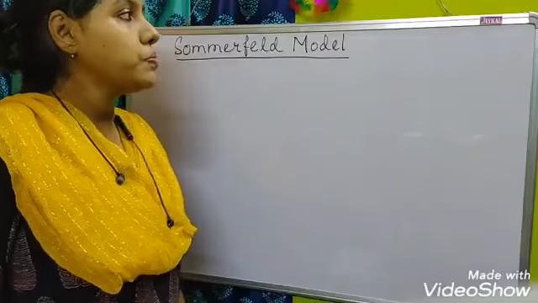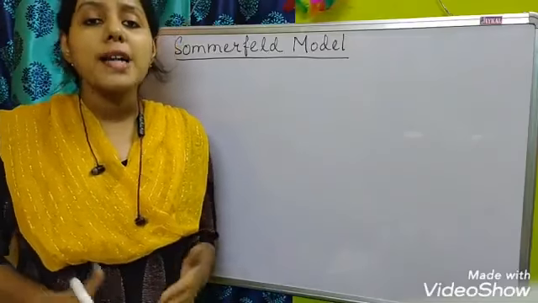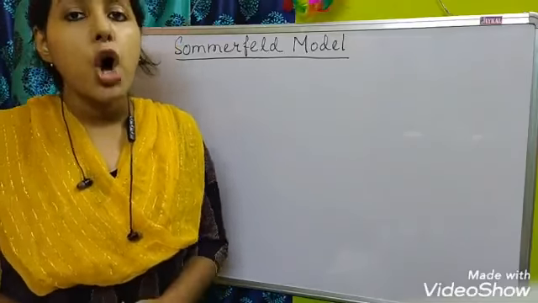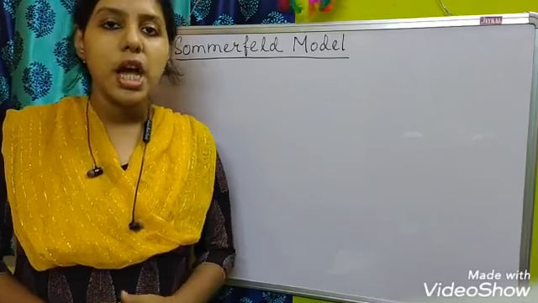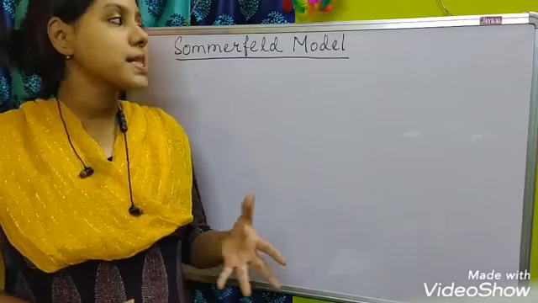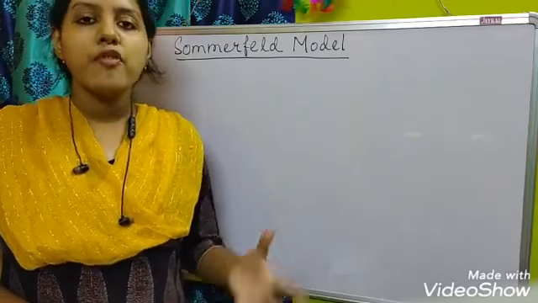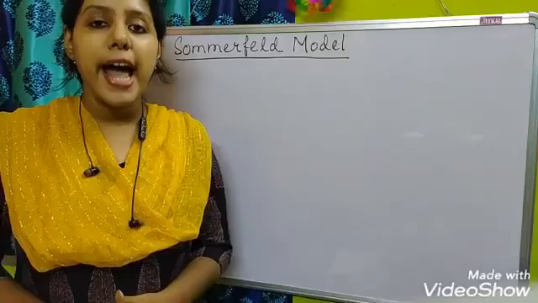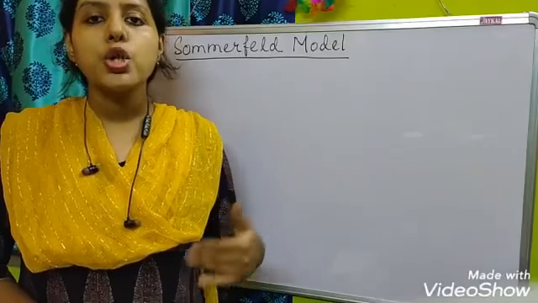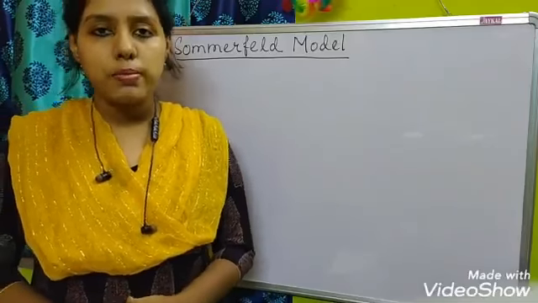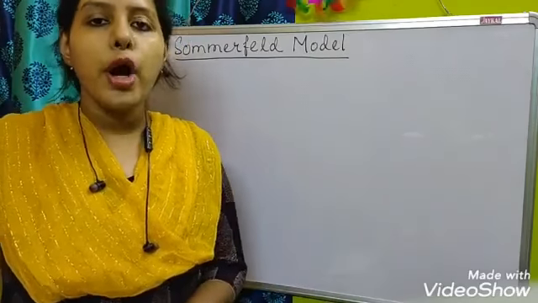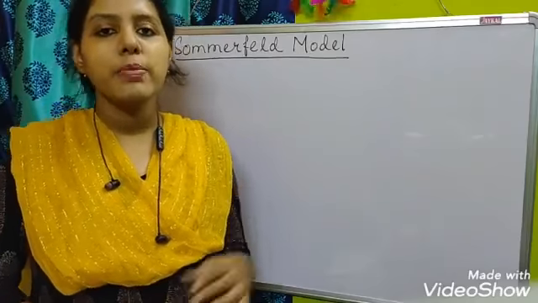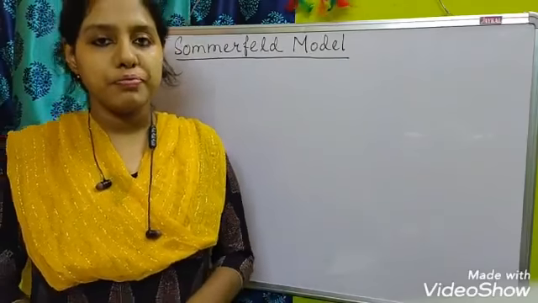So to give a satisfactory explanation of the fine structure of the spectral lines, Sommerfeld added a few proposals to the model of Bohr. So what are the points that he has added to Bohr's model?